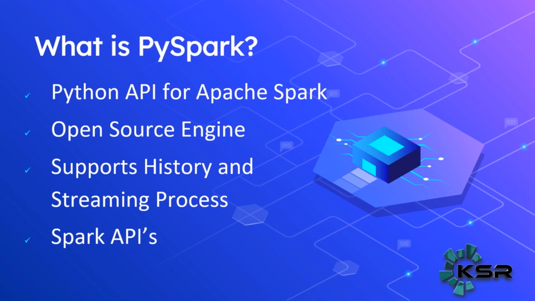And also it's polyglot, meaning we can write Spark using multiple languages like Python, Scala, R and Java. So if the developer is flexible in Java, he can write the Spark code using Java. If he is flexible working with Scala, he can work with Spark in Scala. If they are flexible using Python, then they can work on PySpark.